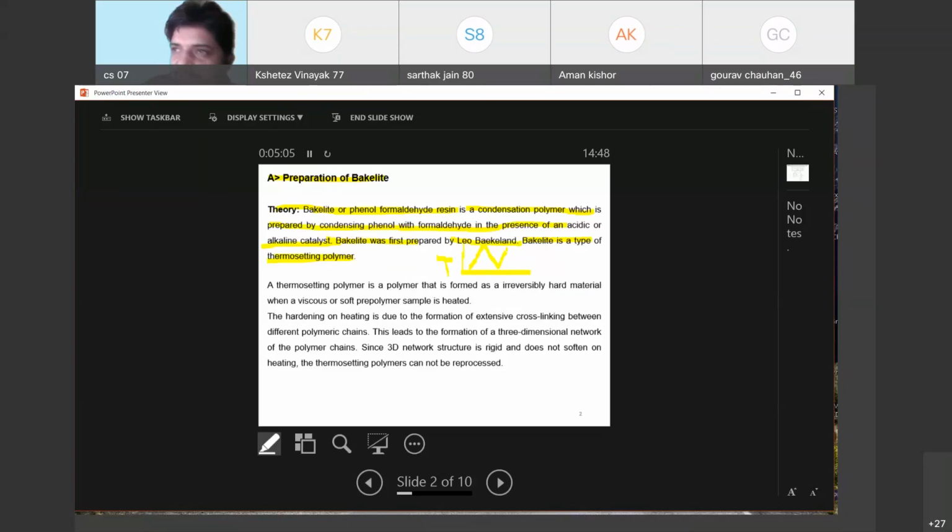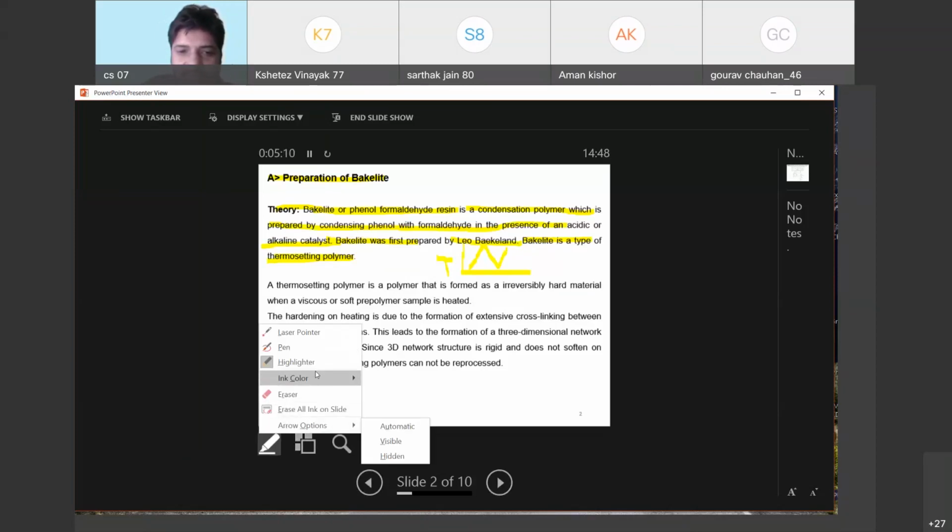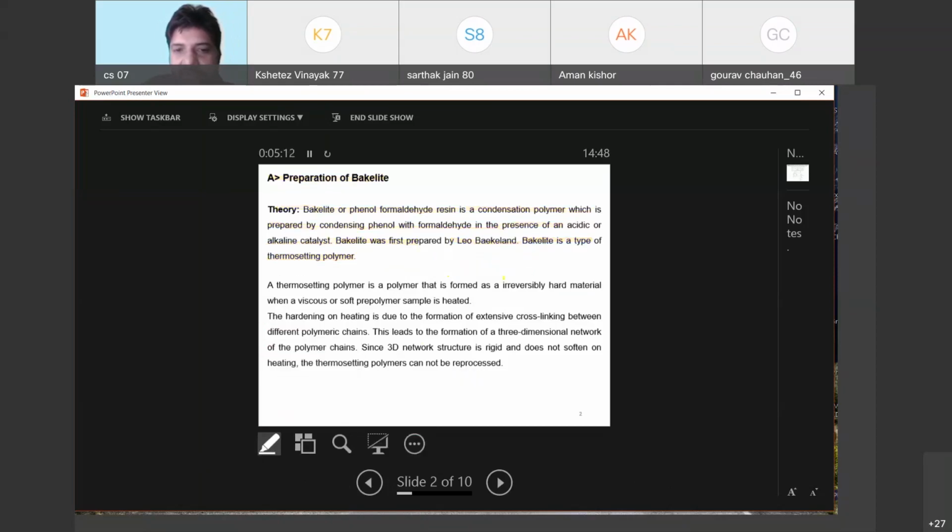Thermosetting polymers simply mean that, on this side, temperature.